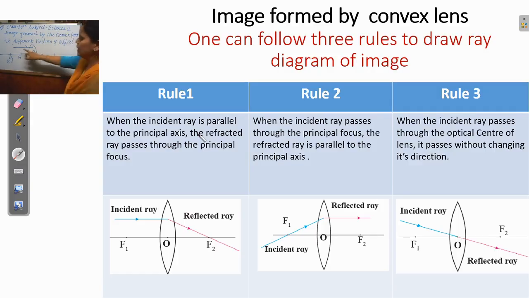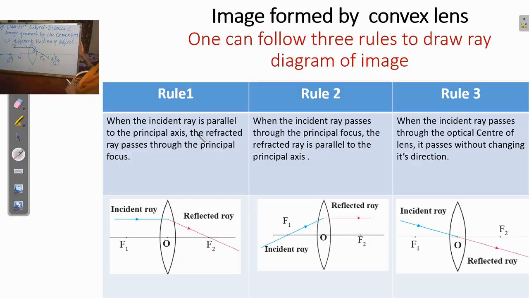So when a light ray is incident on this convex lens parallel to the principal axis, then after refraction it passes through the principal focus. This is the first rule.